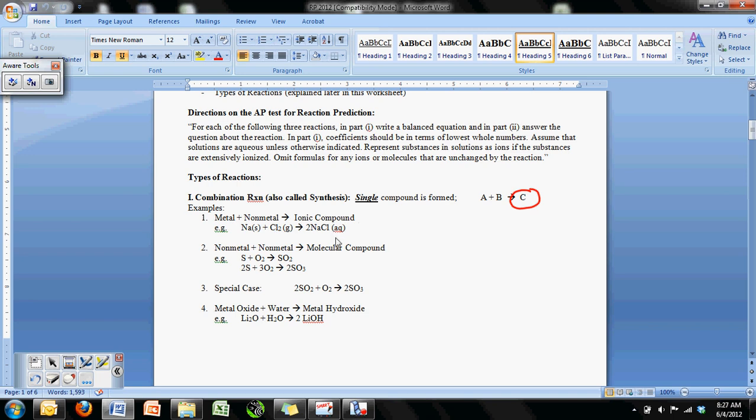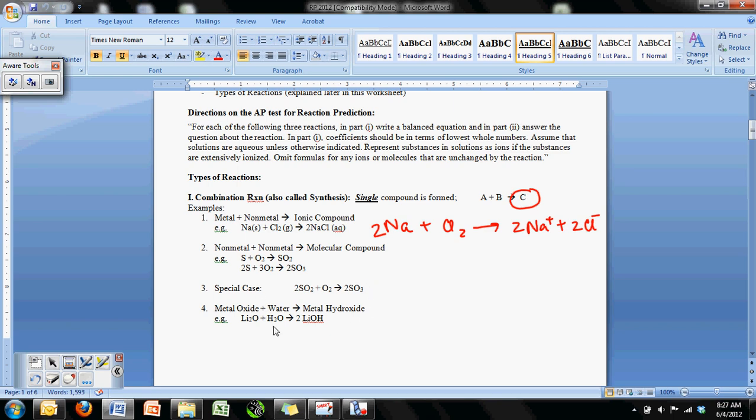And if it is aqueous, then how we write it in net ionic form is sodium plus chlorine gives you 2Na+ plus 2Cl-. And you put a 2 here. For those of you that are not real good with net ionic equations yet, at the end of this podcast I will be going over how to write net ionic equations.